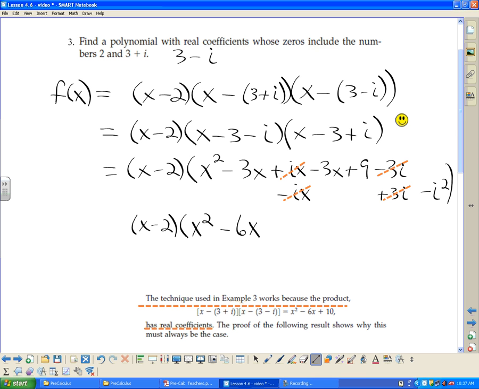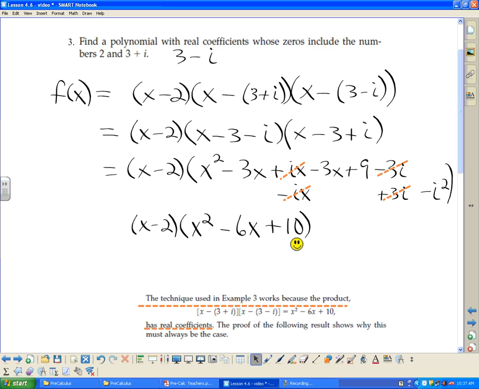Whenever you have just an i, all those terms are going to cancel out. And then we have positive 9 and negative i squared. Since i squared is negative 1, that becomes a positive 1, so we have plus 10. And so now we can see that this factor, x squared minus 6x plus 10, has just real coefficients, and there are no complex numbers, no i's in it.